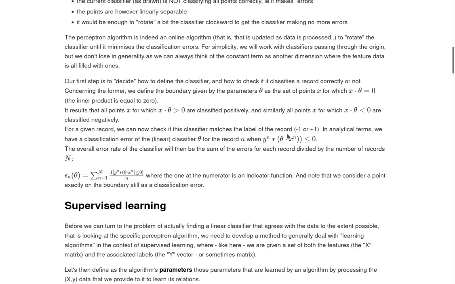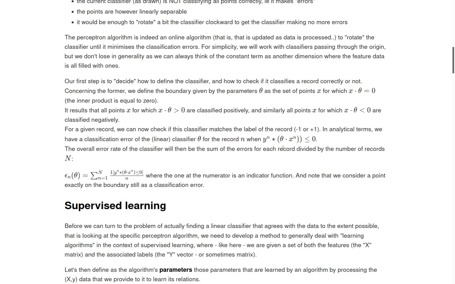So we have a very simple formula now to understand if the classifier makes an error or not. On one side we have the dot product, on the other side we have the label. If these two match, because they are both positive or both negative, we have a product that is higher than 0. If one is negative and one is positive, or the opposite, we have a negative product and we have an error.